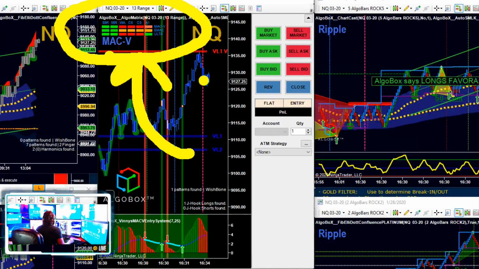Let's read some of this that's going in right now. Okay, so over here on the left, I'm going to point this out in green. Do you see the left two columns here are green? This one and this one on the Algo Matrix. Those two are green. This has higher time frames on the left, lower time frames on the right.